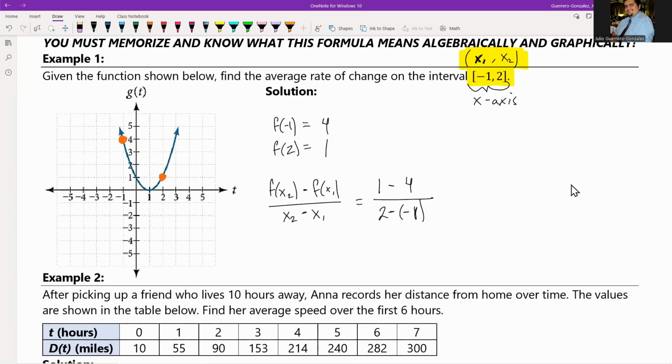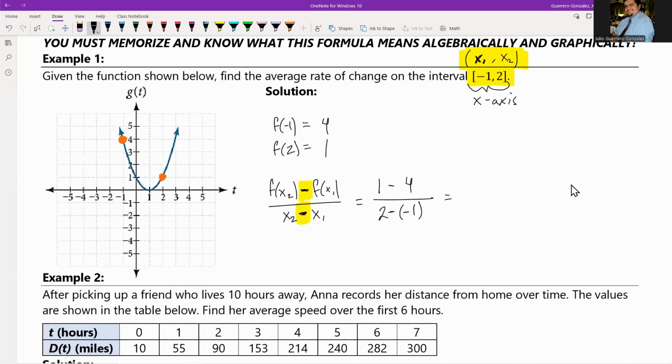And make sure you keep this in mind: both of these equations have a negative innate in them. If your value itself has a negative, you also have to include that negative. So this negative is from the equation, and that negative is because it's a negative 1. From here, it's plug and chug. We get to keep going.